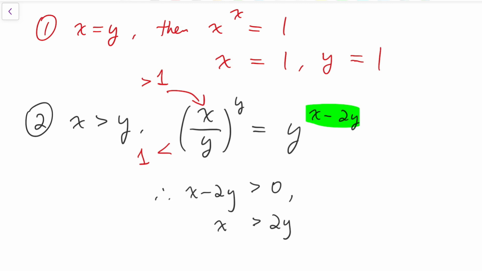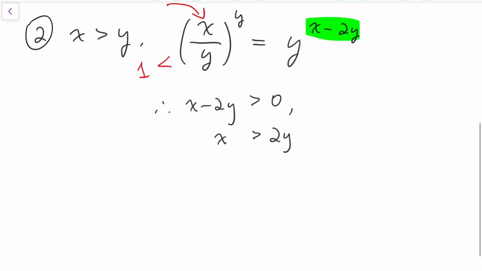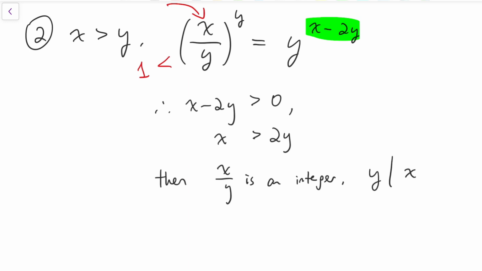And so, in particular, it's an integer. So that means x over y also has to be an integer. And so, apart from the fact that x is larger than 2y, we know that y has to divide x.